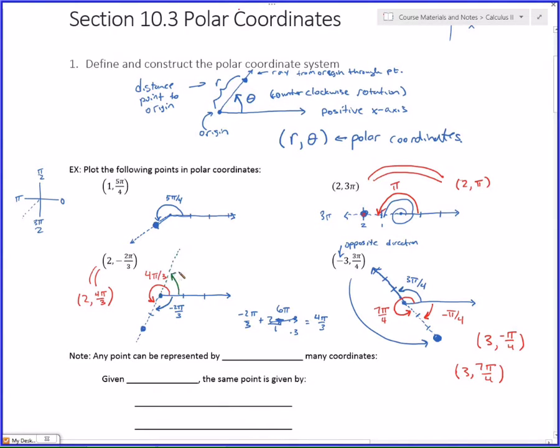That angle right there is 2 pi over 3. But that's the positive direction of 2 pi over 3. I could also have done this one as a negative 3 with 2 pi over 3, because I'm going up, but then move in the negative direction, put the negative 3 there. Notice that's also an equivalent point. They're all three that point right there. This one, and this one.